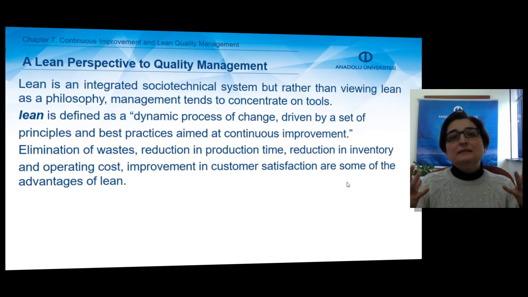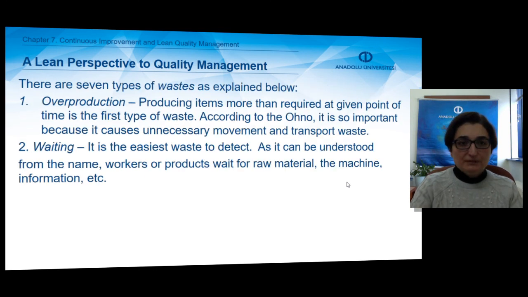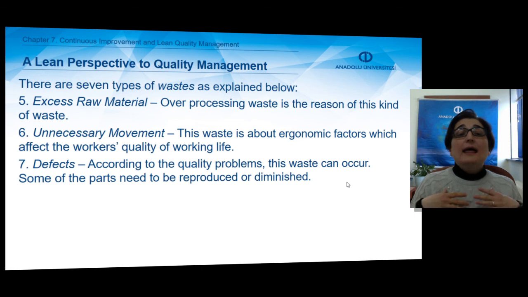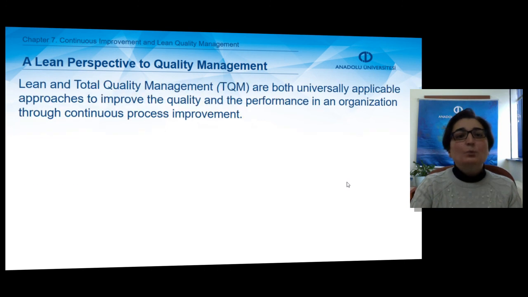When we talk about lean, we're talking about a dynamic process of change, driven by a set of principles and best practices aimed at continuous improvement. Overproduction, waiting, unnecessary transport, overprocessing, excess raw materials, unnecessary movement, and defects are the basic examples of waste.